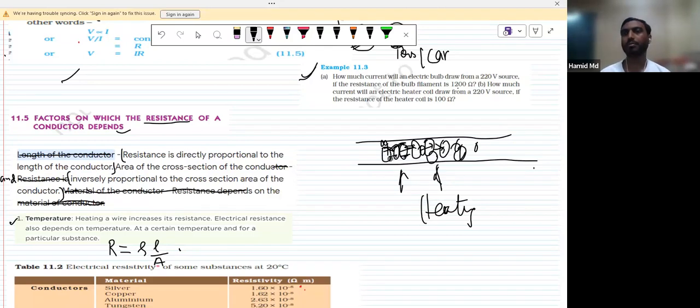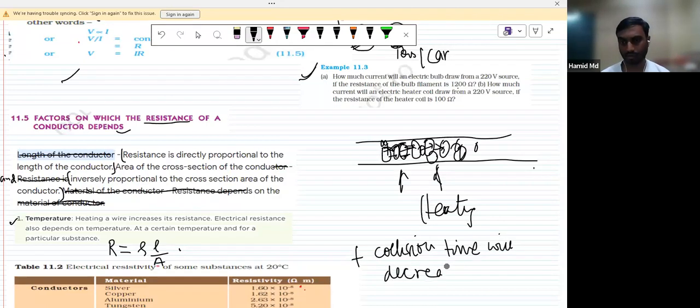As the collisions become more frequent, the collision time T will decrease, right? As the collision time decreases, the flow of electrons will also decrease.